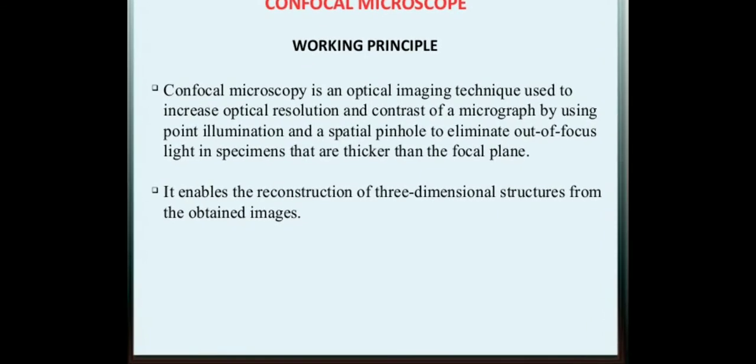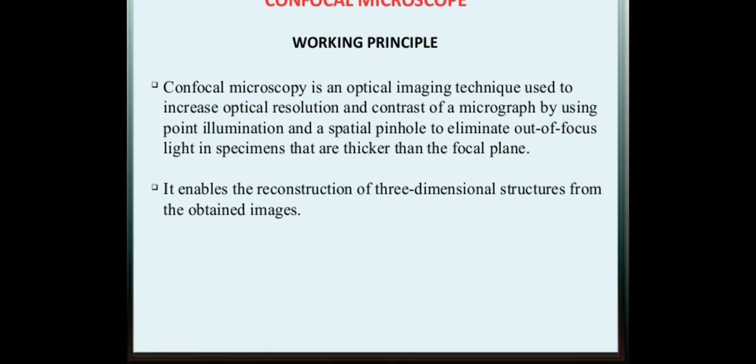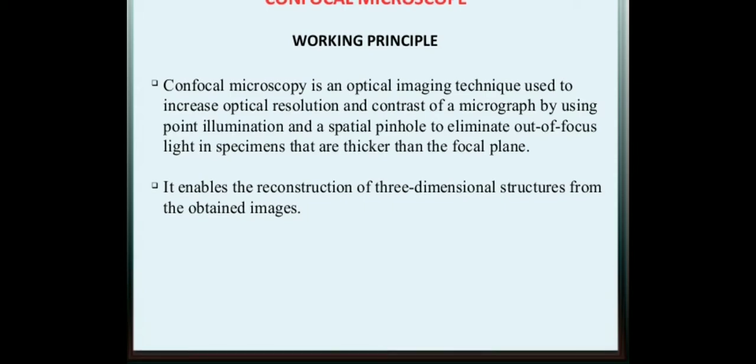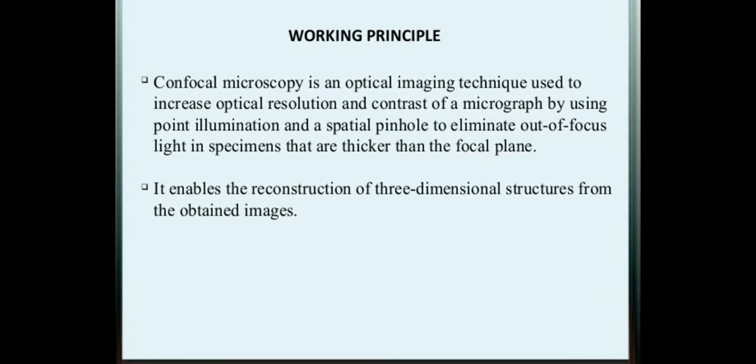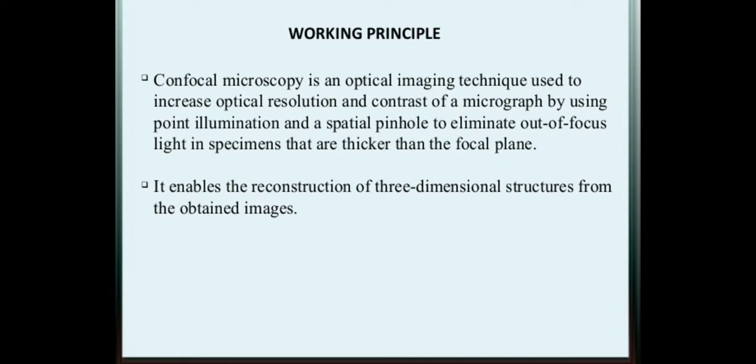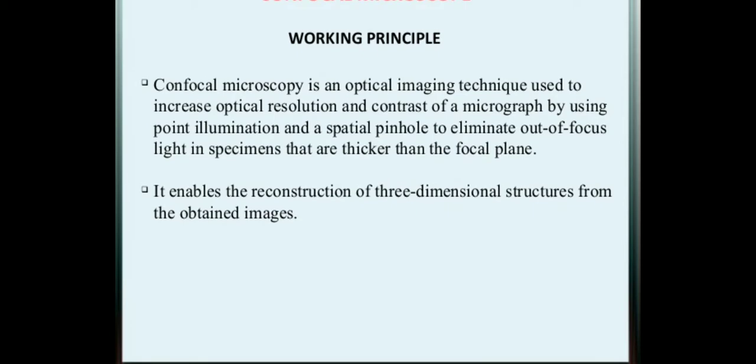Confocal microscopy is an optical imaging technique used to increase optical resolution and contrast of micrographs by using point illumination and a special pinhole to eliminate out-of-focus light in specimens that are thicker than the focal plane. It means here we are using a pinhole, that is a point, to eliminate the light which is out of focus, so that only a precise image can be formed. This is the unique feature of this microscopy.